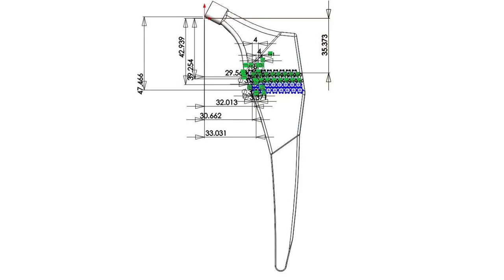This is my porous structure evaluation for my given femoral stem. As you notice, we have some objects or shapes on the stem. These objects are for the porous structures which I created using CAD.